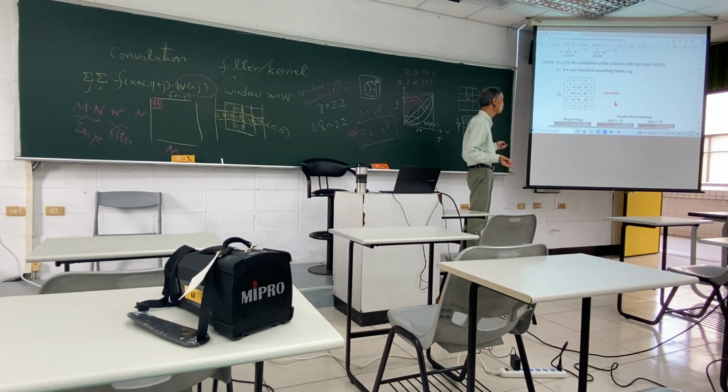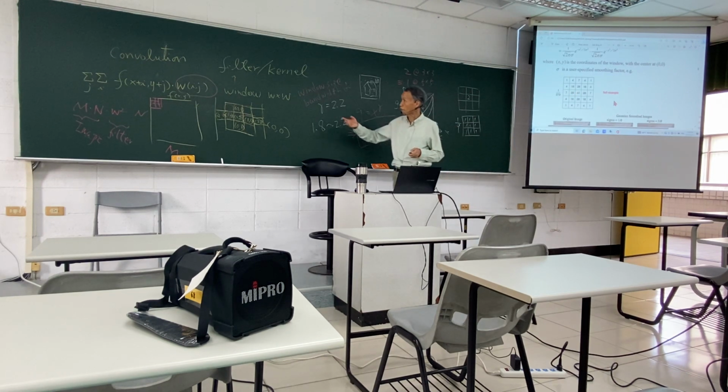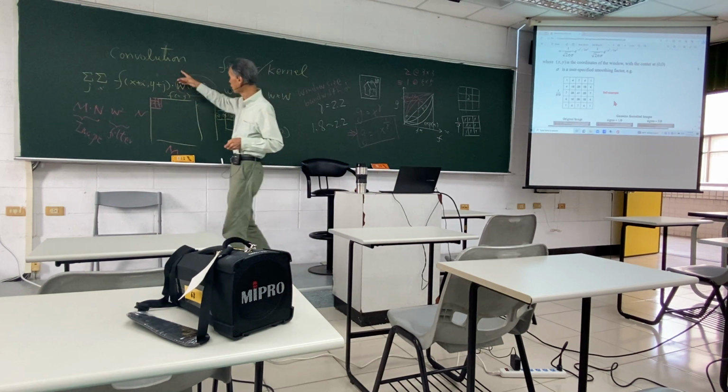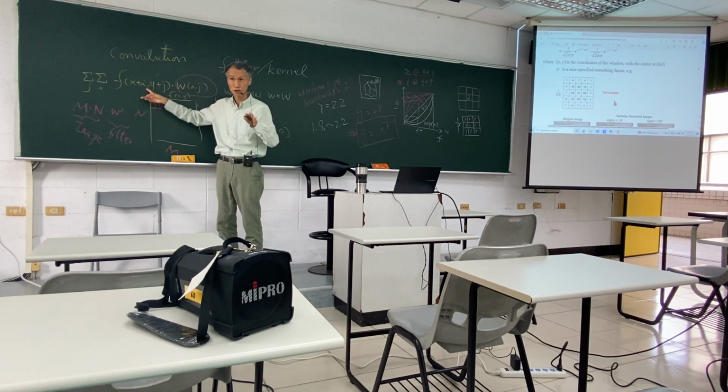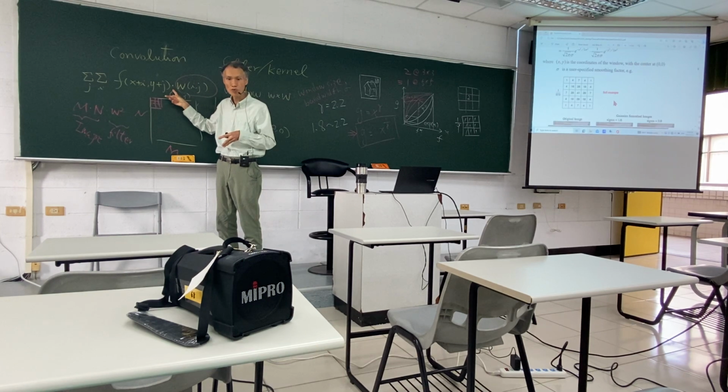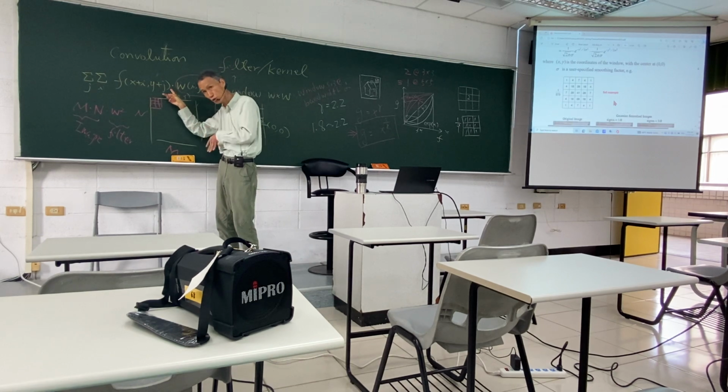Most of the time, you try to use integers. It does not have to be integer, but what is the reason? I mentioned that before. Why do we usually round the value to integer? Because the input is integer, if the filter is integer, we can only carry out integer multiplication, which is relatively fast compared to real number multiplication.